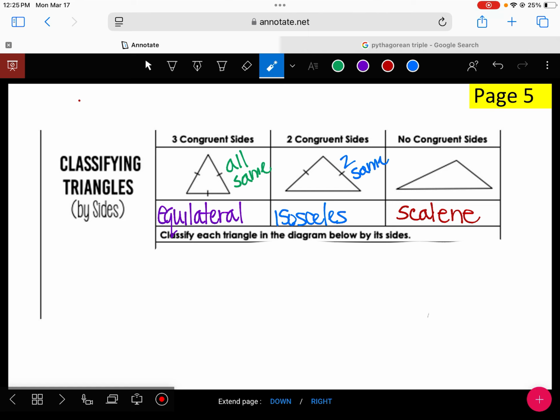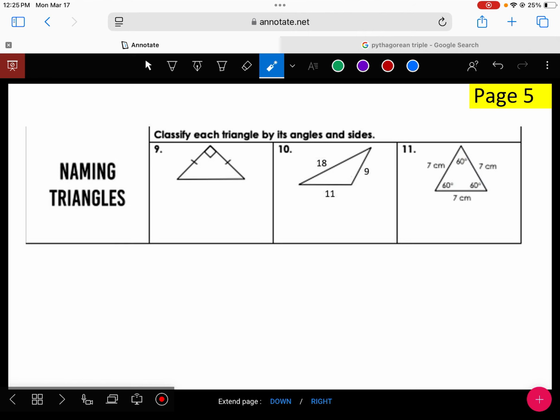So we're going to classify some triangles by angles and also by sides. So this has a right angle, which means it is a right triangle. And it also has 2 sides that are equal, so it is an isosceles triangle.